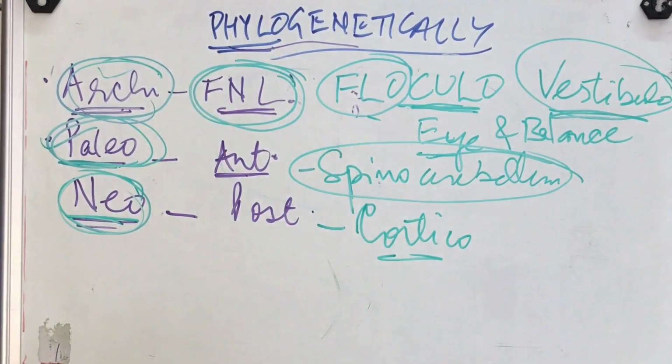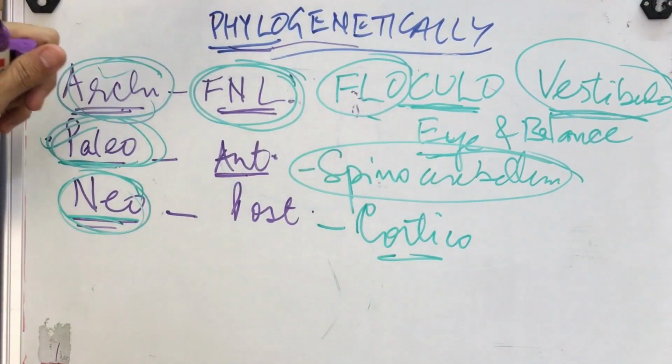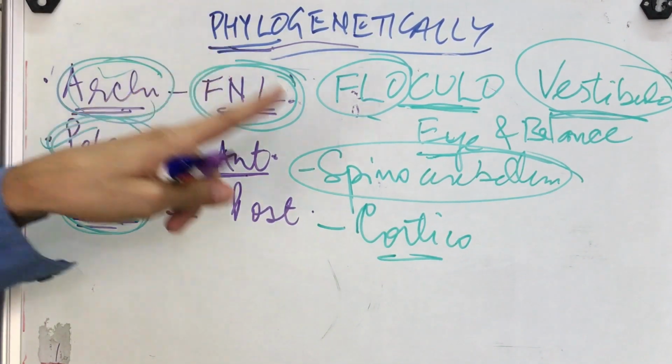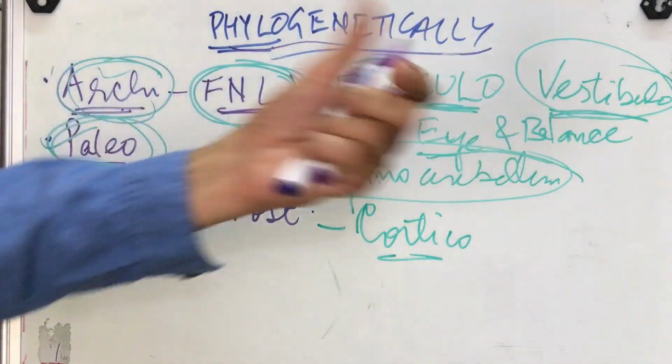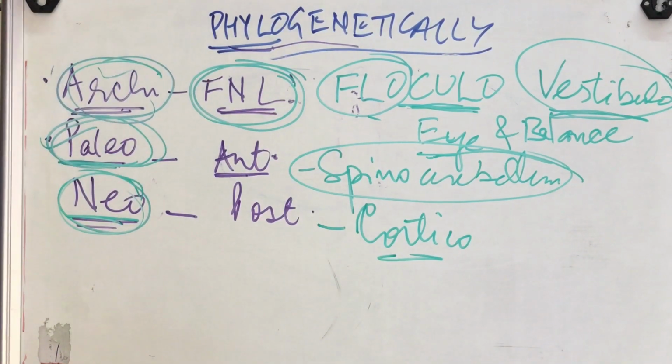After reading about all these things, ultimately we can say the flocculonodular lobe is concerned with balance and eye movement, and it has connections with the vestibular nuclei, helping maintain balance and eye movement.